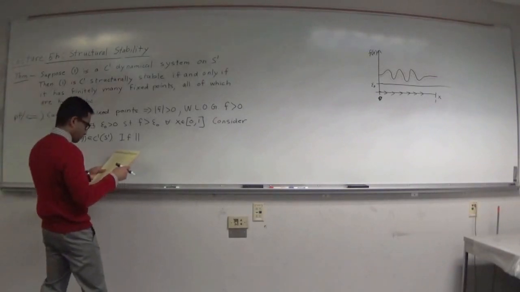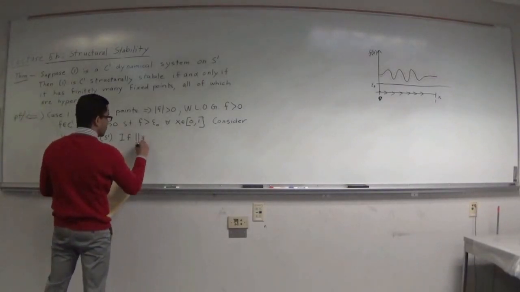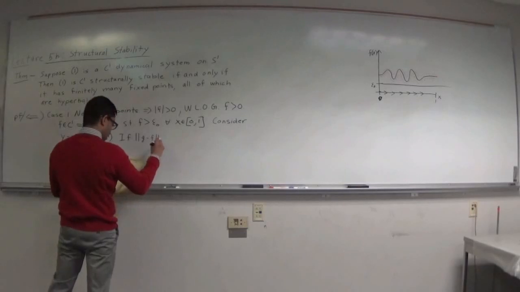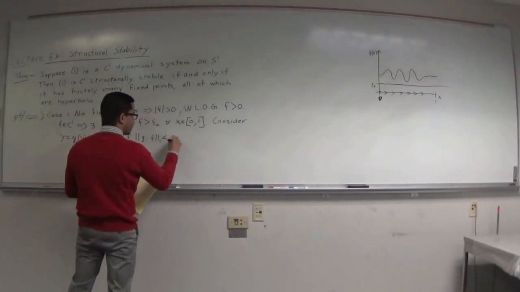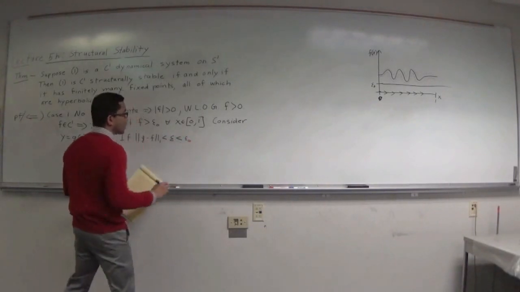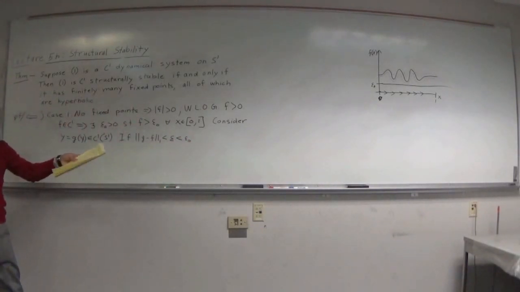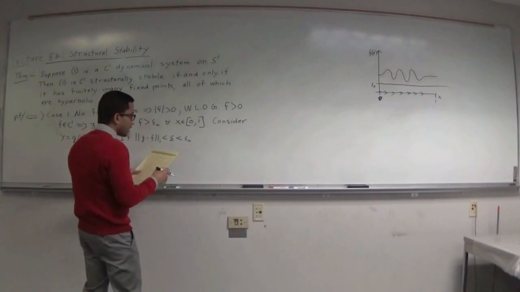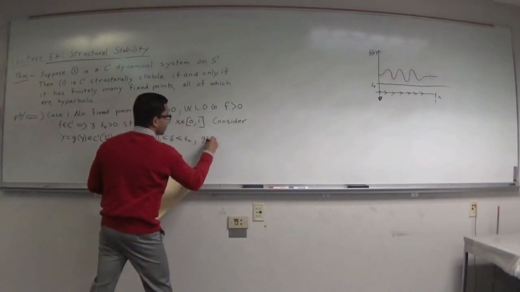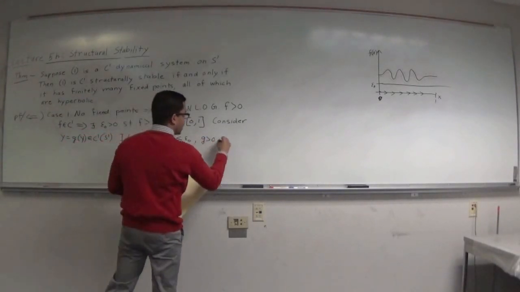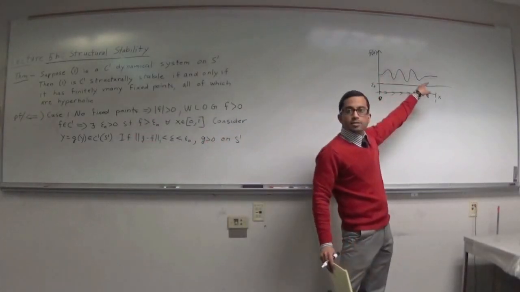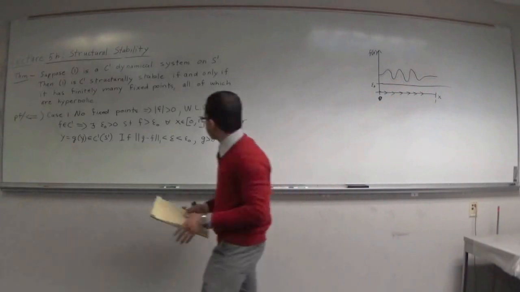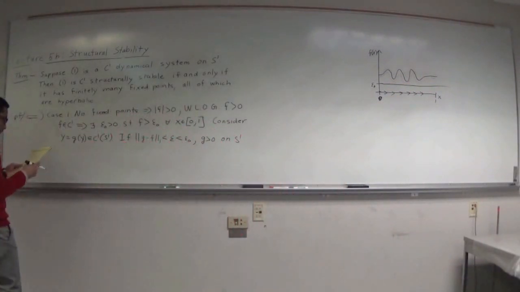So if the norm of g minus f is less than epsilon, and we choose epsilon to be less than epsilon naught, then g is also greater than 0 on S1. We can see this here. Any g in this ball will also be greater than 0.